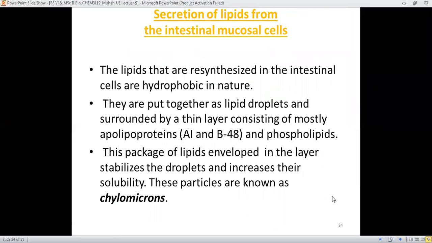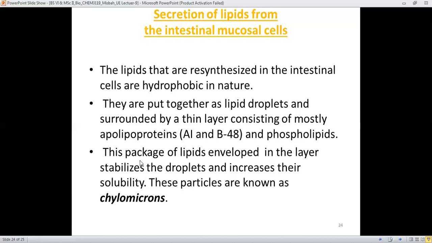And here is the secretion of the lipids from the intestinal mucosal cells. It means that the lipids which are resynthesized are in fact given away to the mainstream as the chylomicron, and therefore they should be put together, and they are put together as lipid droplets, and they are surrounded by a thin layer consisting mostly of apolipoproteins and the phospholipids.